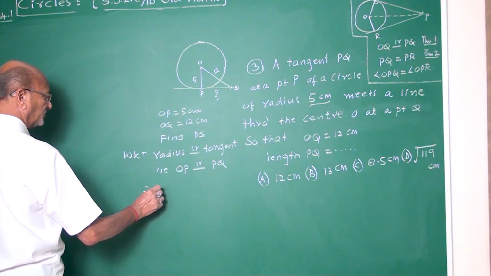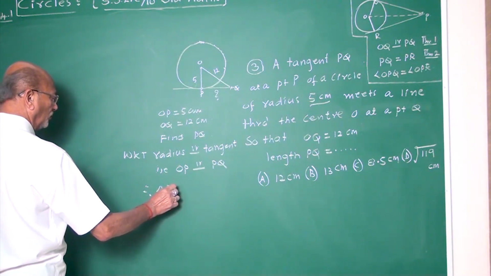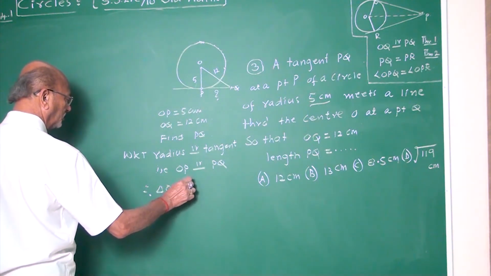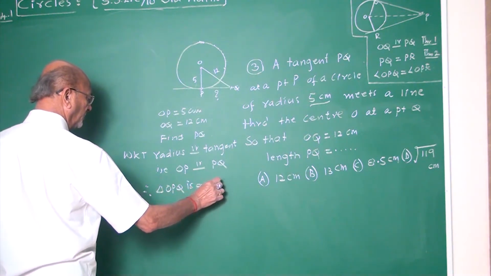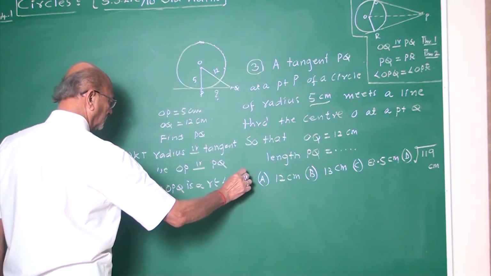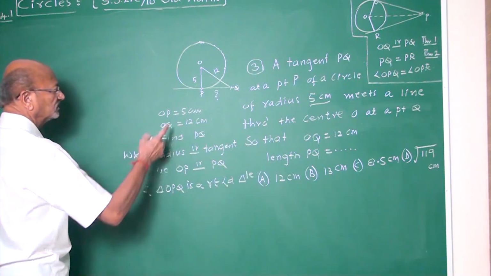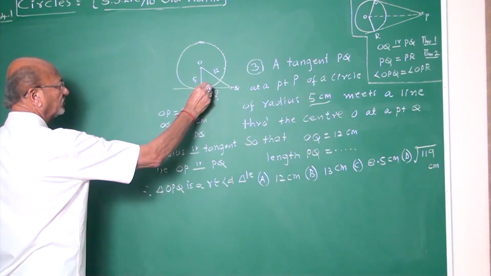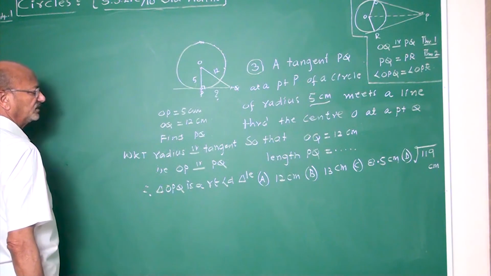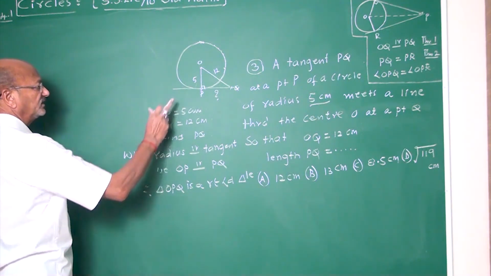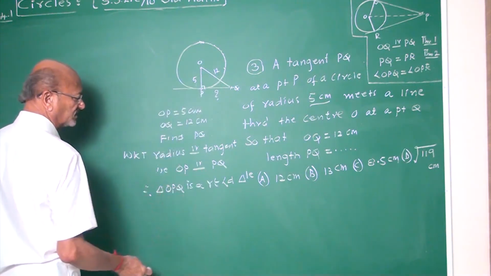Therefore, my friends, triangle OPQ is a right-angled triangle. Here 90 degrees. When it is 90 degrees, this triangle is a right-angled triangle.